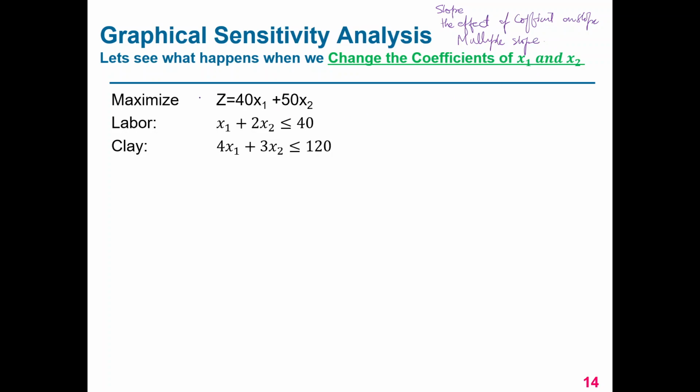So this is our original problem where this is the objective function, this was our labor constraint, and this is our clay constraint. Straight away we can write that the slope of the objective function is minus 40 by 50, and this is minus 1 by 2, and this is minus 4 by 3.